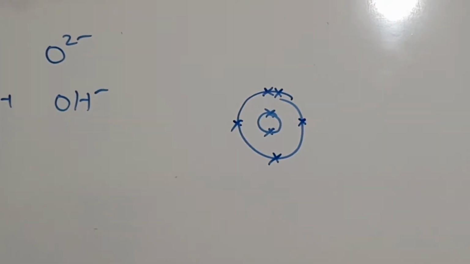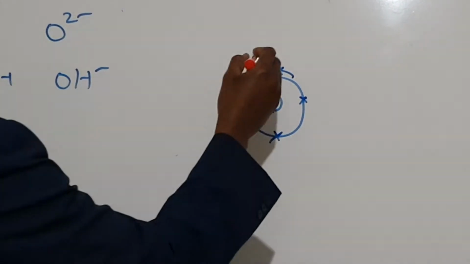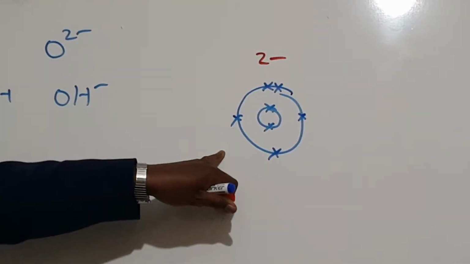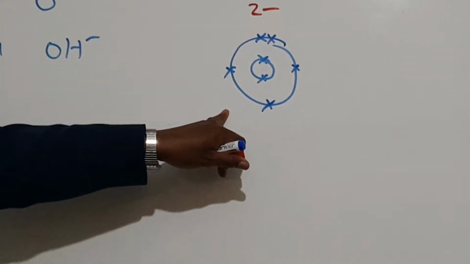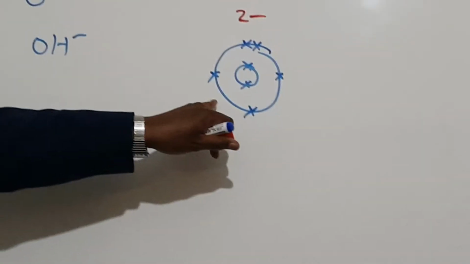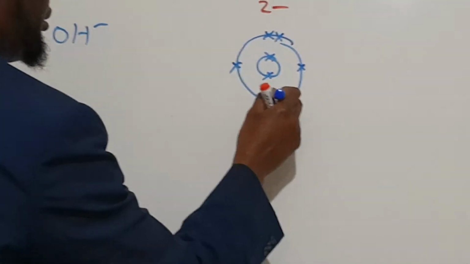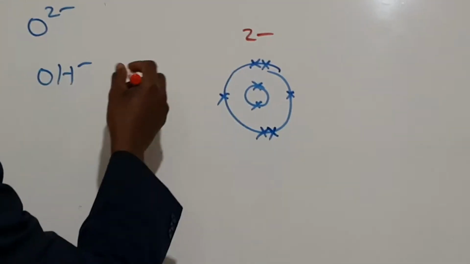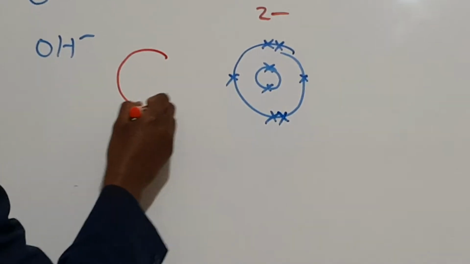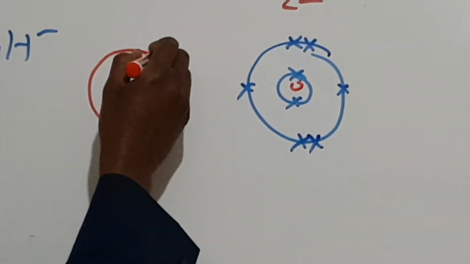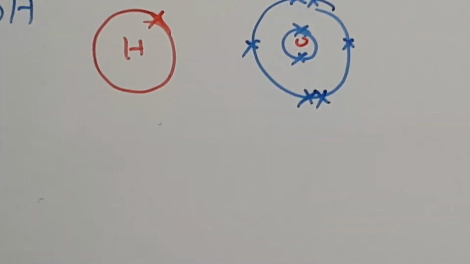Now, this oxygen is 2 minus because it needs 2 electrons. It needs 2 electrons, one more here. Now look at our hydrogen and oxygen, 1 here, 1.